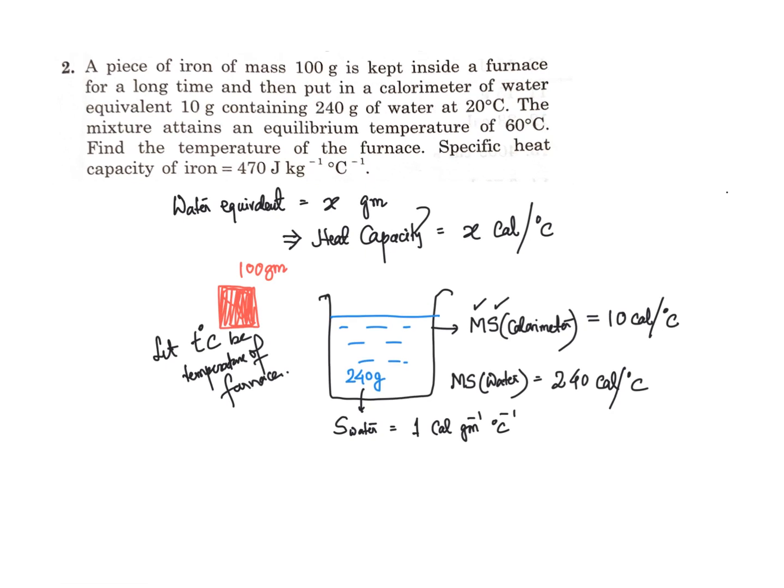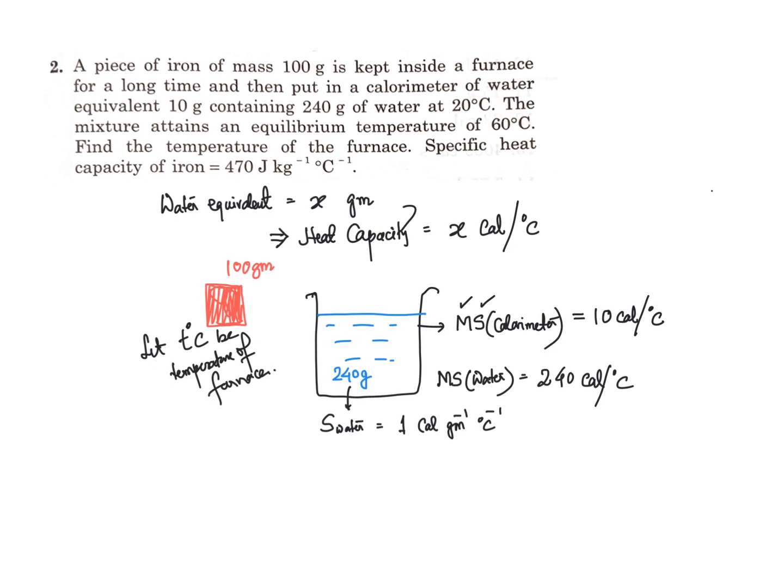Now final temperature happens what? 60. That means heat lost by this iron is equal to heat gained by calorimeter plus water.